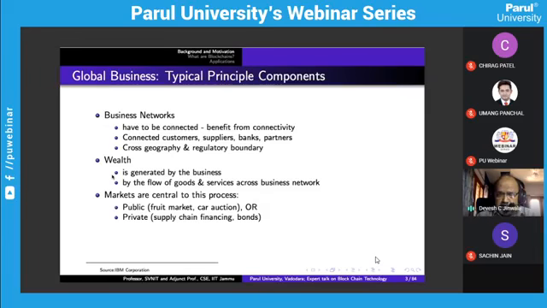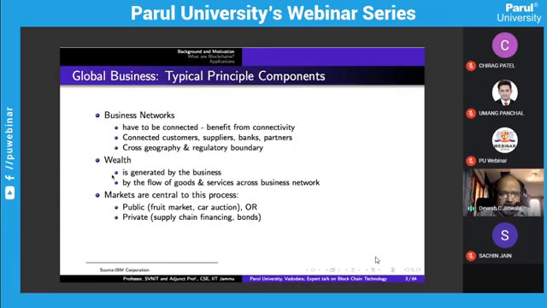It can cross the geographical borders also, so anywhere in the world. And anywhere in the world would also mean that the regulatory boundary will not be there. It's like, the government of India will not be able to influence the businesses or the practice of the business in the US. So that's what I mean by regulatory boundary being crossed.